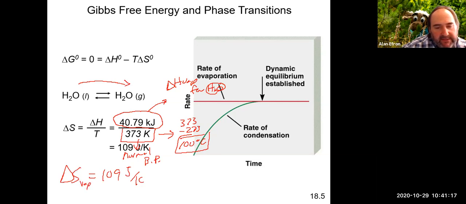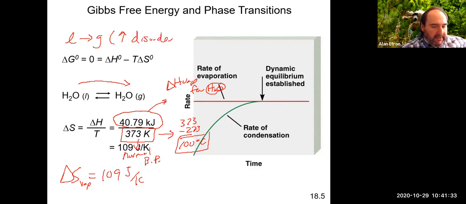Now, let's see if this makes sense based on what we know about delta S. If I am going from liquid to gas, I would expect an increase in disorder, which means I would expect my delta S value to be positive, which it is here.